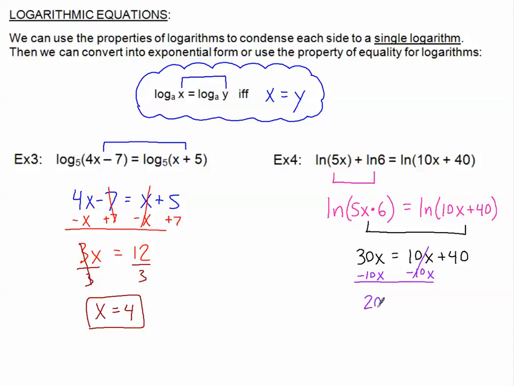And I will have 20x is now equal to 40. And then one last division, divide by 20, and we have x equals 2. Perfect. So if you have multiple logarithms added or subtracted, please go back to your properties of logarithms and remember how to condense them into a single term, and then you can use your property of equality.